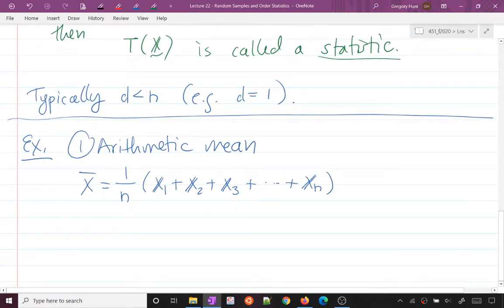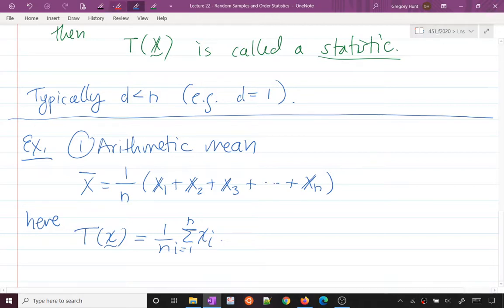This is a statistic. Here, our function t takes in some element of R^n and spits out 1 over n times the sum of the elements. And so my statistic would be t of my random vector.